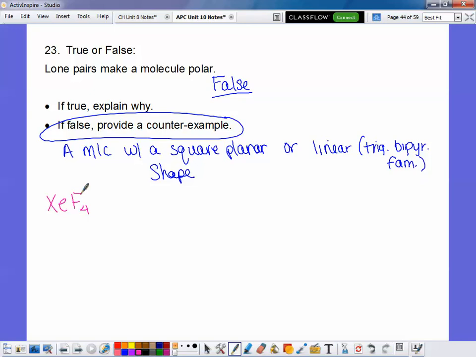We already drew this before. That rhymed. We already drew this in a previous video, so let me just redraw that. XeF4 has 36 electrons that we have to fill in. So I'm just going through, single bonding the fluorines to my xenon.